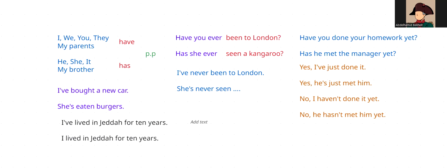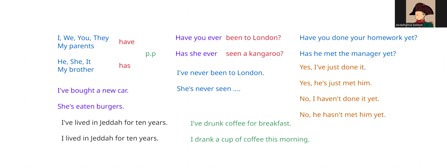So here we know the time. The time, this morning. If you know the time, we use the past simple. We use verb 2. I drank. But I've drunk coffee for breakfast when we don't know the time. Okay, this is the difference between present perfect and the past simple.